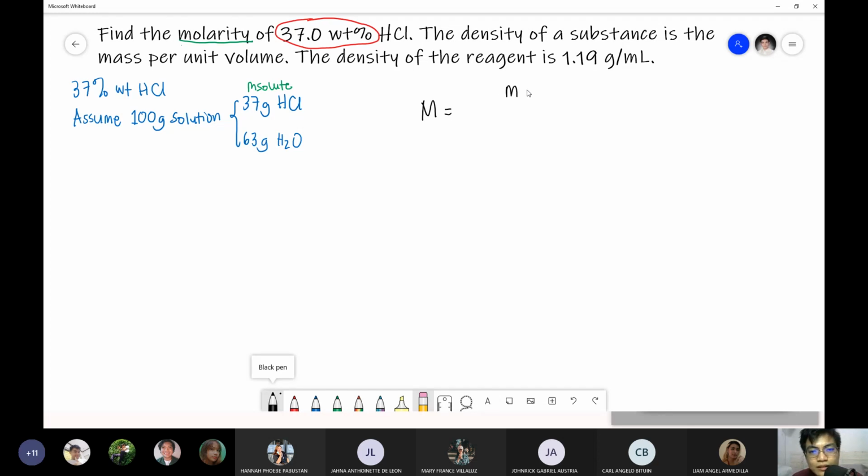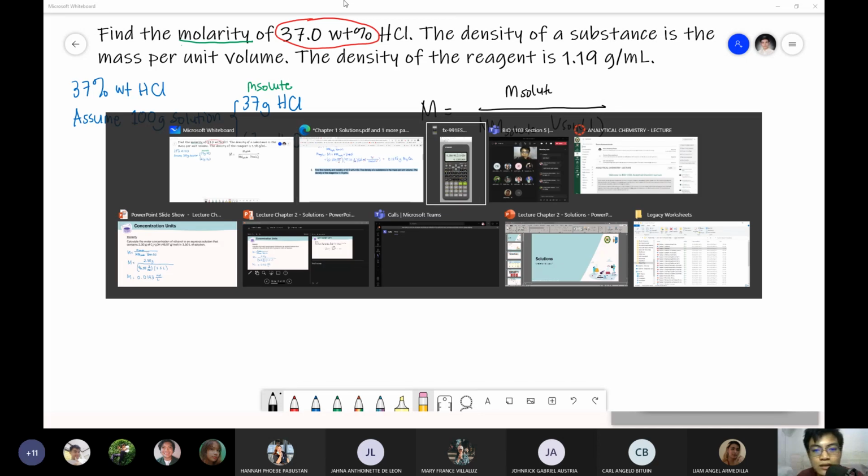Now, let me just rewrite. Molarity needs mass solute, molar mass solute, volume of the solution in liters. Okay? So we have mass solute already coming from 37% HCl. We assumed na 100 grams yon kunwari. So we have mass solute, which is 37. For the molar mass of the solute, we can Google that. Hindi ko kabisado.